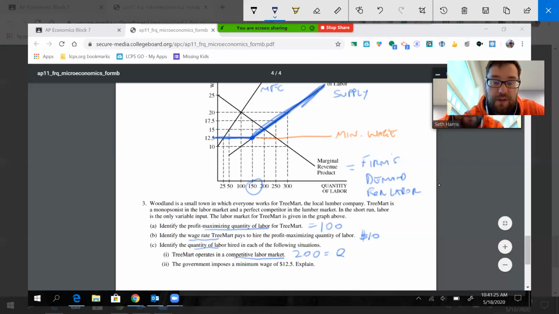Nobody is willing or able to supply labor for below the minimum. So effectively, this part of the curve gets bent over this way. They go all the way across over here to where that intersects the supply curve, and your quantity should be equal to 150.